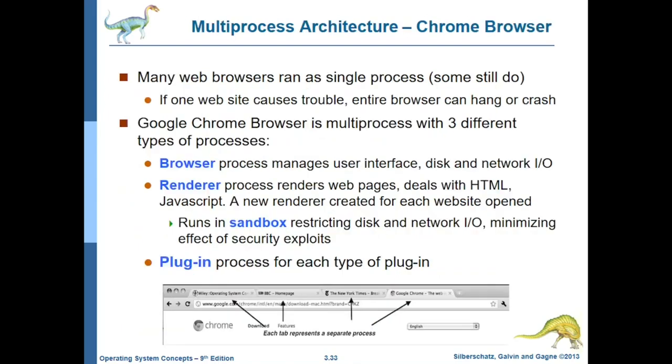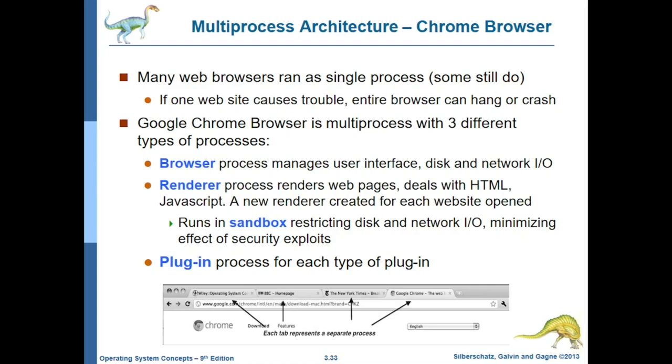In this slide, we will learn about the multiprocess architecture of the Chrome browser, which is a popular web browser developed by Google. Unlike some other web browsers that run as a single process, Chrome uses multiple processes to handle different tasks and improve performance and security. A process is a program in execution.